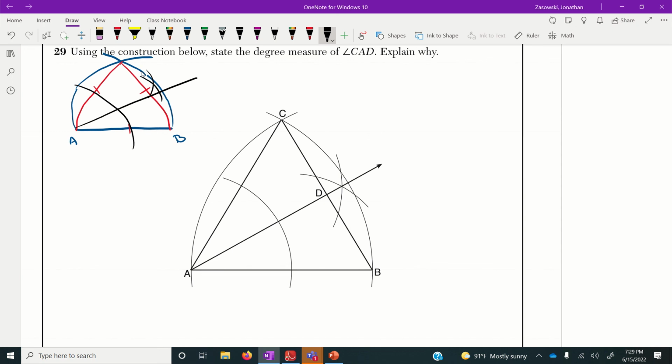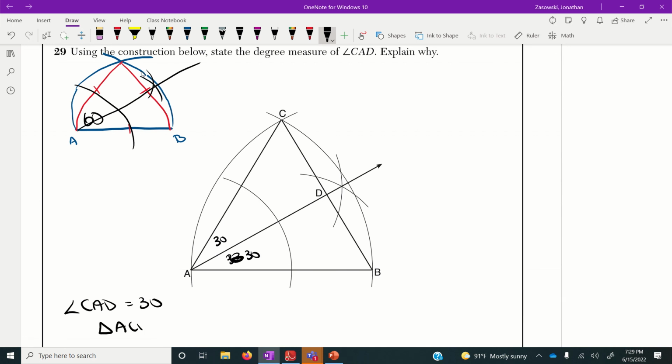That's a terrible line that we drew there, but you get the idea. So remember, the angle that was originally there was 60 degrees, and we've cut it in half, so these are now 30 degrees. Okay, so we say angle CAD is equal to 30, and then we can just describe.